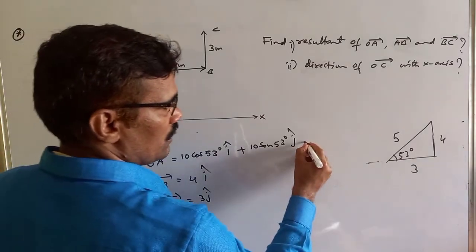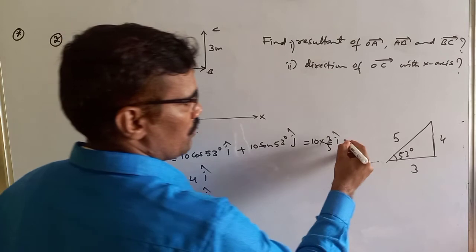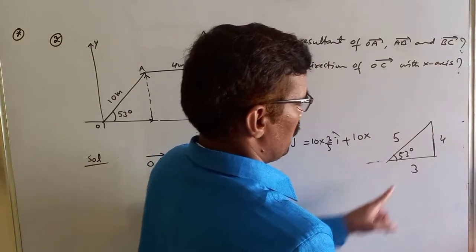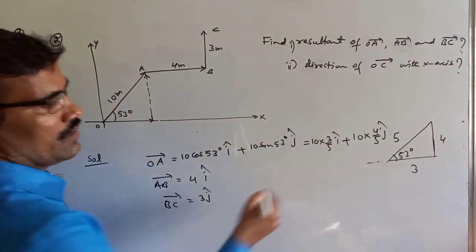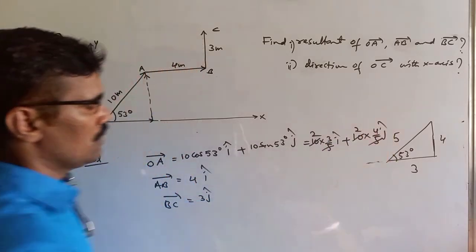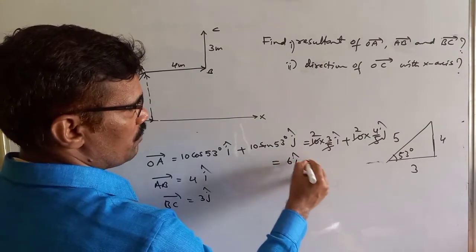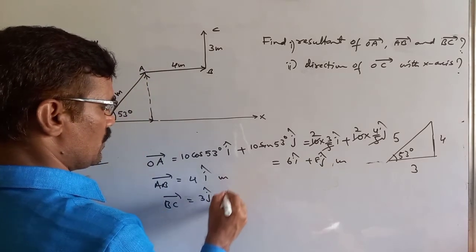Write here: 10 into 3 by 5 i cap plus 10 into sin 53, which is 4 by 5, j cap. Therefore we get the answer 6i plus 8j, all in meters.